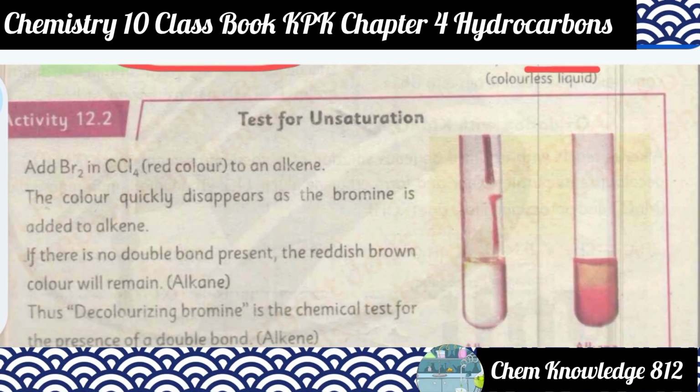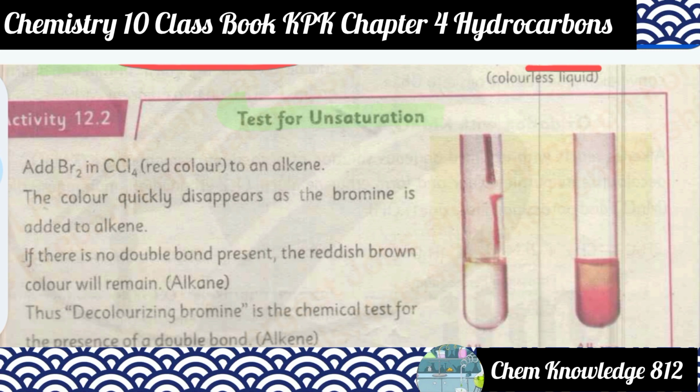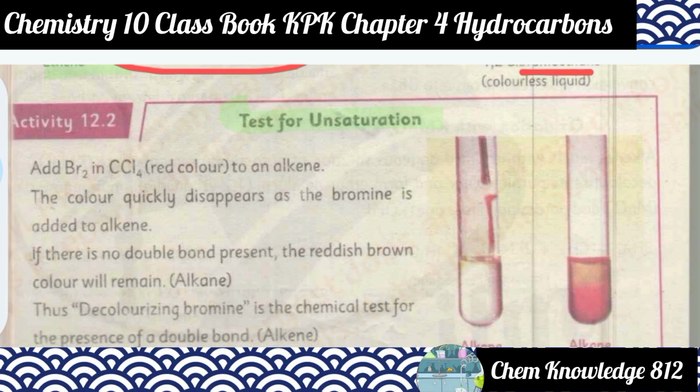So now this is given as a test for unsaturation. Let's see how to test the unsaturated compounds. This is given that add bromine in carbon tetrachloride. So red color alkenes. The color quickly disappears as the bromine is added to alkenes.